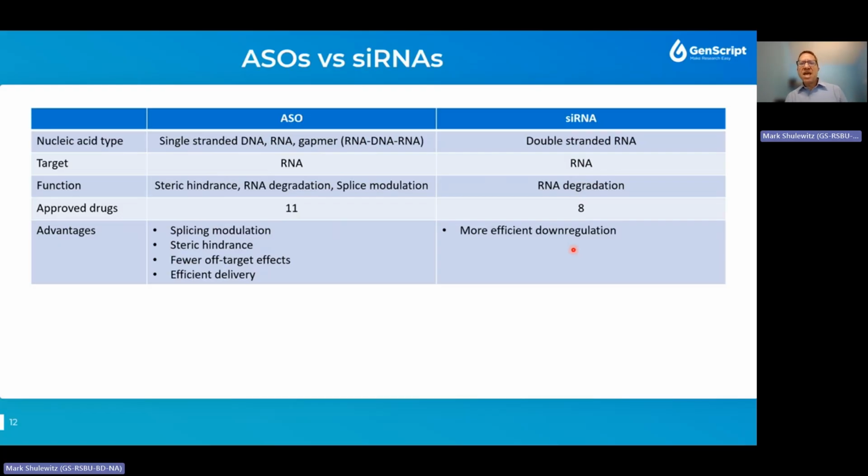So in most cases, when you're looking to downregulate a target, siRNA is probably the better choice. However, antisense oligos certainly will work in those instances and can possibly serve as a backup in situations where that particular target isn't amenable to siRNA for one reason or the other. However, if the mechanism requires splice modulation, in that case, antisense oligos are the only choice.